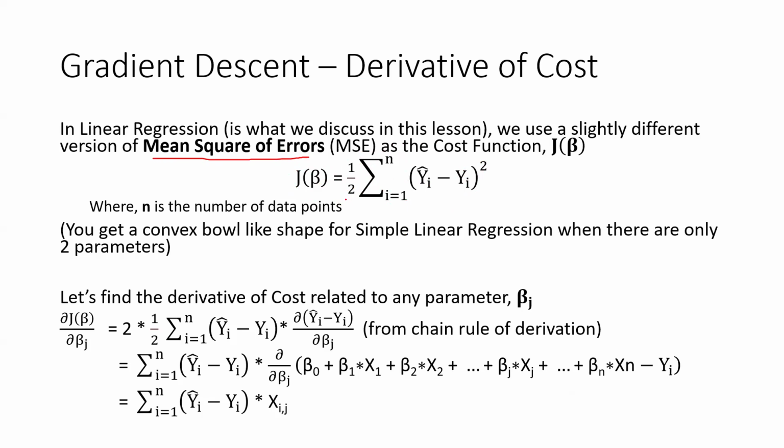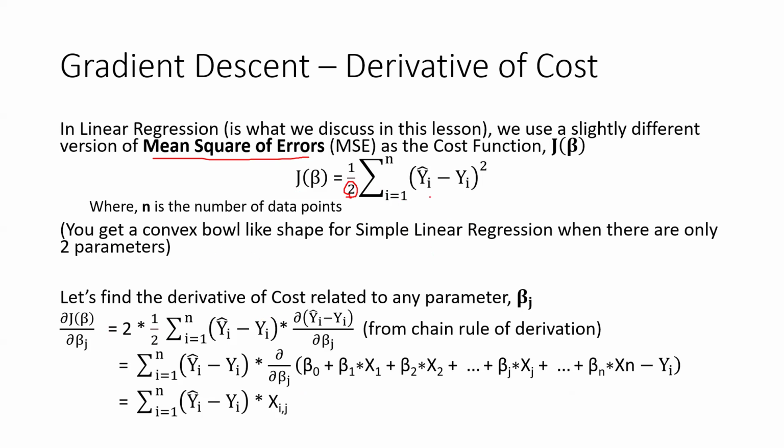That is the mean square error, but instead of dividing by n, here we divide by 2. This is the J beta value that we have taken to make things easier mathematically when coming to the solution.